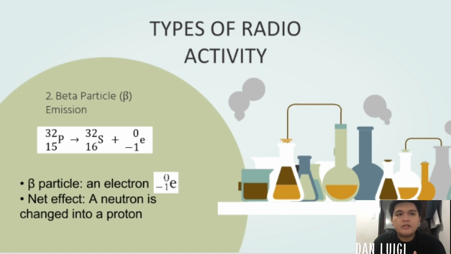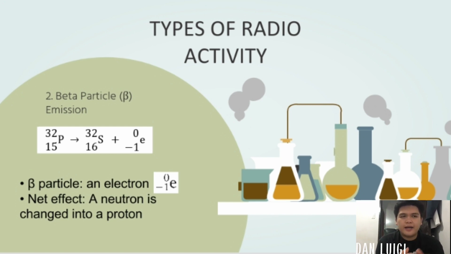The nucleus remaining after an electron has been emitted now has 16 protons and 16 neutrons. So we added one forward to the phosphorus to become equal. Now, its atomic number is increased by 1, but its mass number is unchanged.